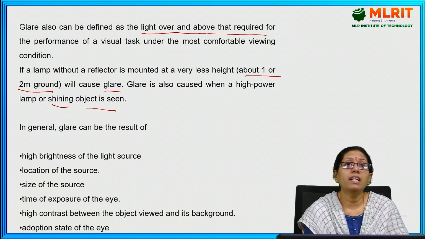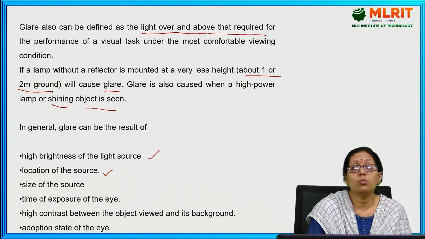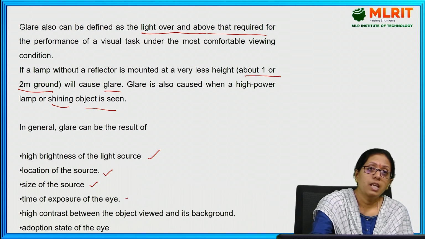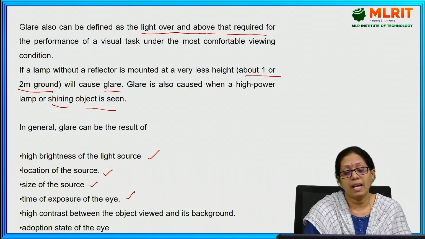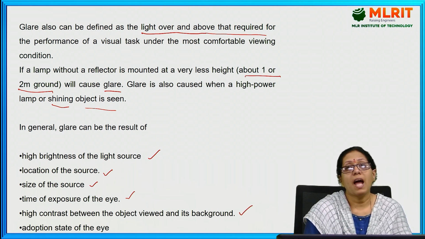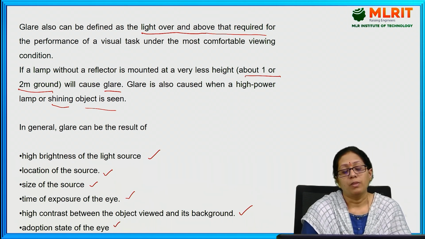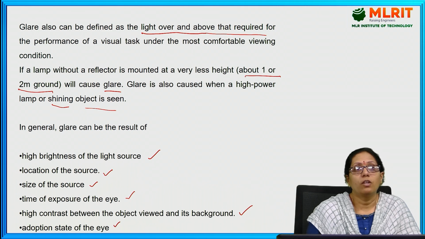In general, glare can be a result of high brightness of the light source, its location, the size of the source, the time of exposure of the eye, high contrast between the object viewed and its background, and the adaptation state of the eye. So all these points are considered for glare.